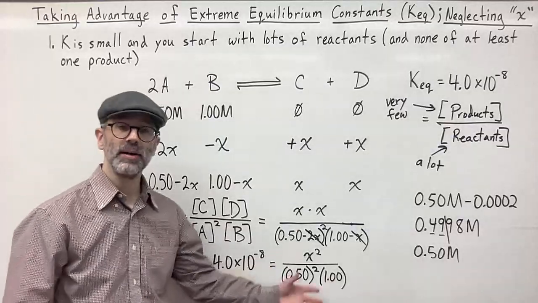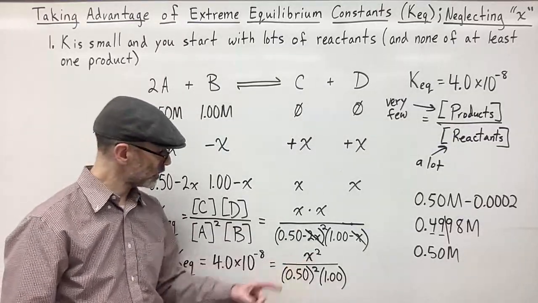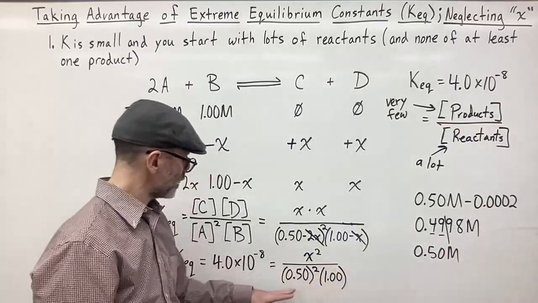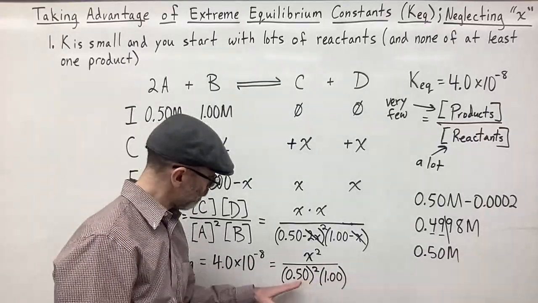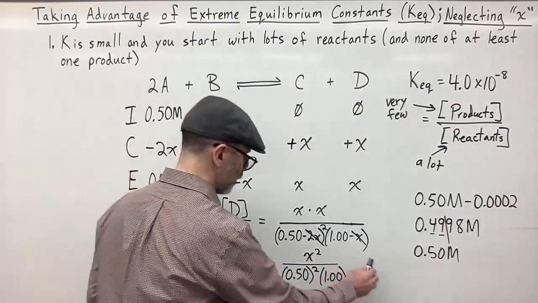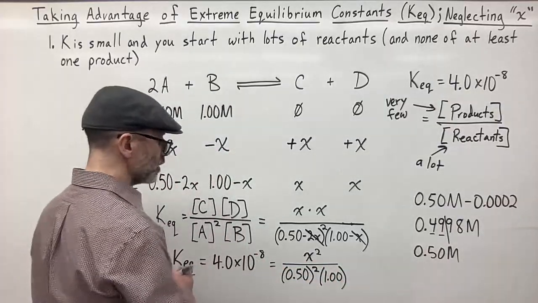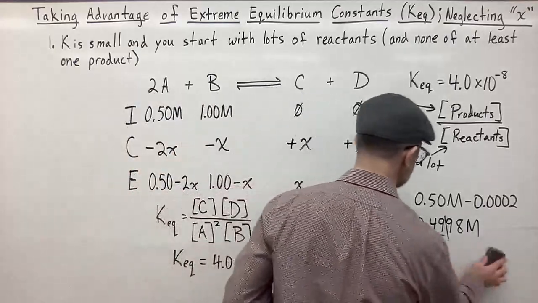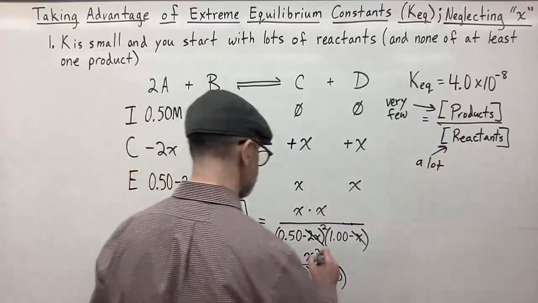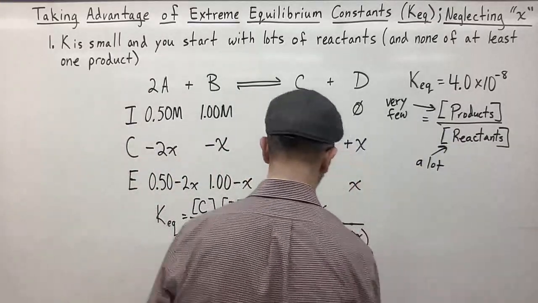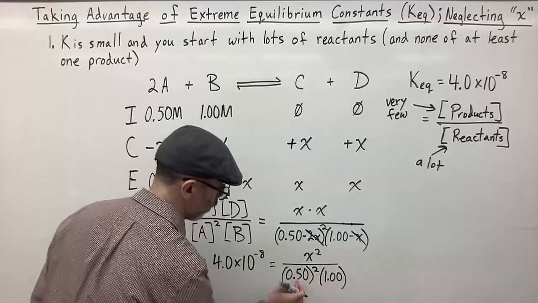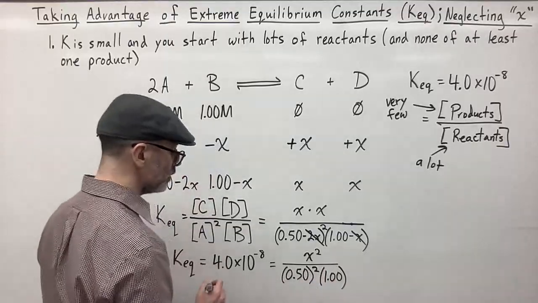And so now we can more simply solve for x squared by multiplying the bottom here by this, so we can multiply both sides. Let me get some room over here. So this times 1 is just going to be 0.50 squared, right?